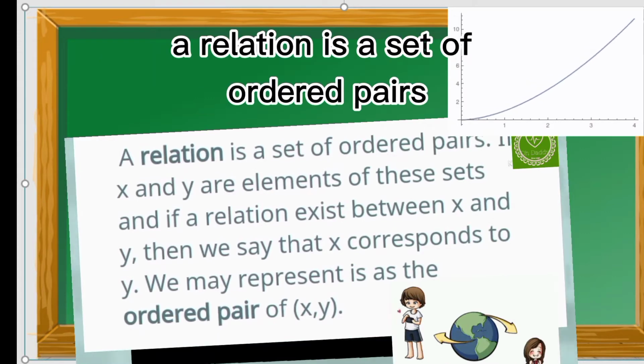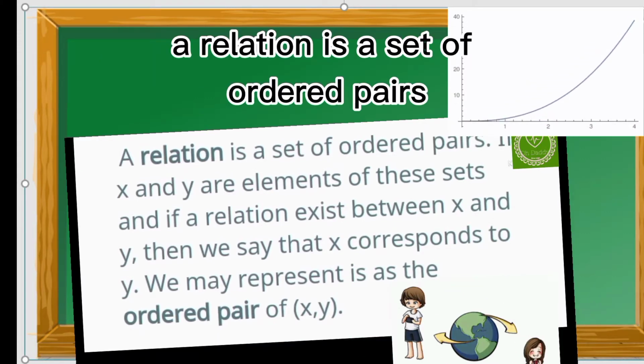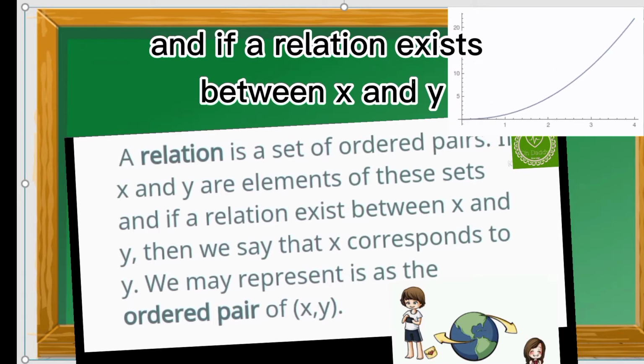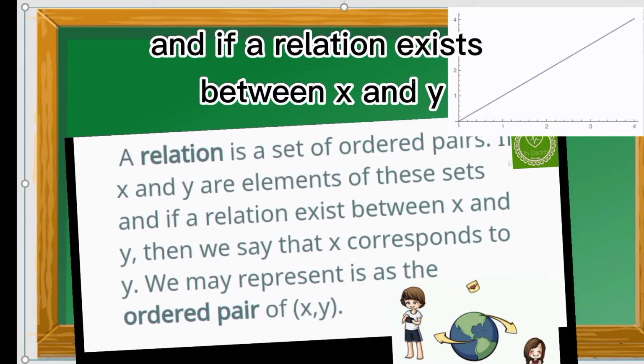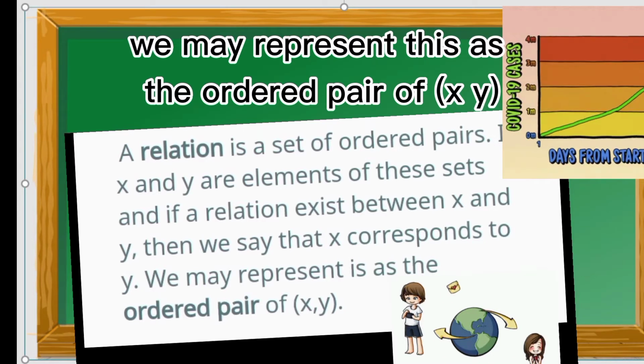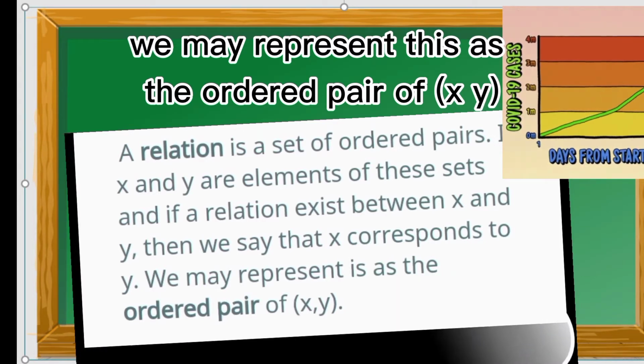A relation is a set of ordered pairs. If x and y are elements of these sets, and if a relation exists between x and y, then we say that x corresponds to y. We may represent this as the ordered pair (x, y).